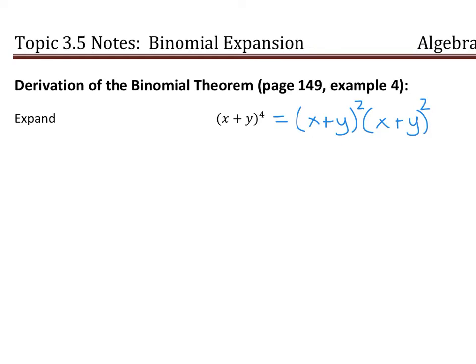We still have 4 x plus y binomials being multiplied together. I broke that out only because we've already looked at the square of a sum. We know x plus y squared is x squared plus twice their product, or 2xy, plus y squared.